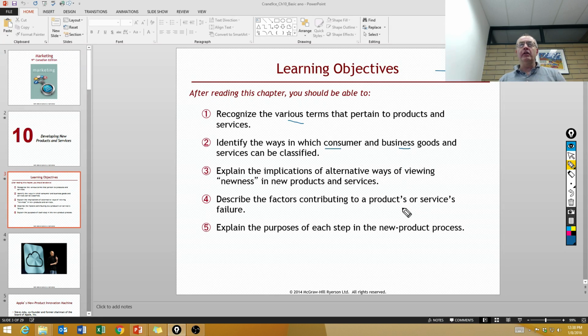And then we look at some of the factors that contribute to product failure, because not every new product that comes on the market survives. And then the final section of this chapter looks at the 7-step new product development process that large consumer product companies use when they're developing new products.